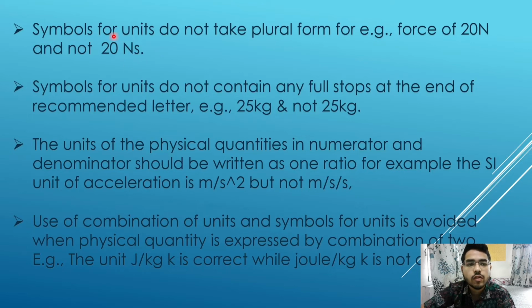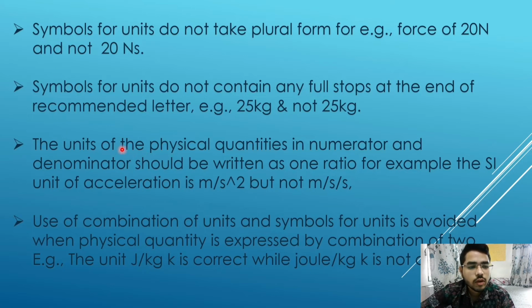This changes the meaning of the unit, that is newton second, but we are calculating force and it has SI unit 20 N. So these are the basic rules which we have to follow for the conversions of units and measurements of units. Now symbols for units do not contain any full stop at the end, for example 25 kg and not 25 kg dot. This changes the meaning of the units.